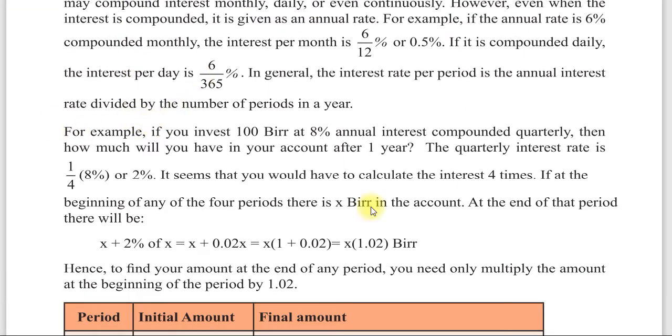ያን ያክል ከባድ የሚባል አይደለም። For example, if you invest 100 per at 8% annual interest compound quarterly, then how much will you have in your account after 1 year?